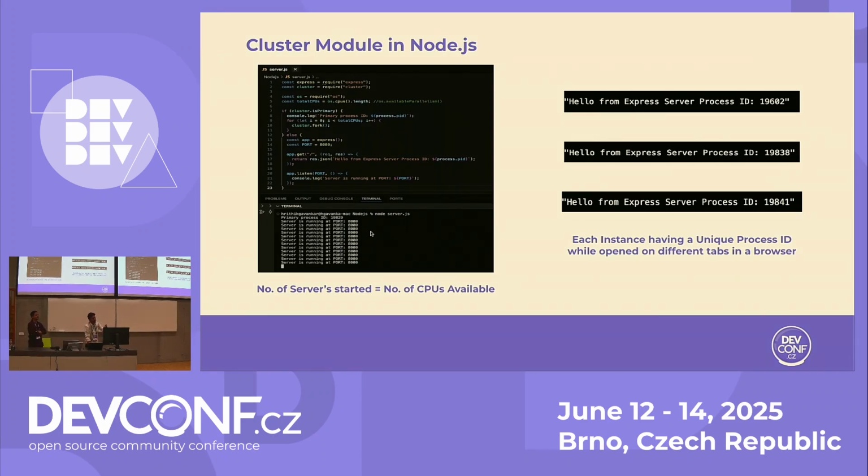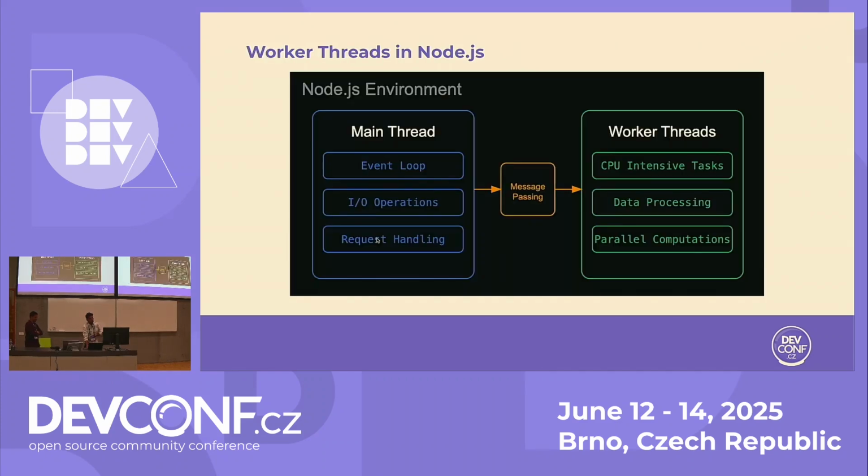If I replicate a Node.js process on my laptop, since it has a 12 core CPU, I could initiate that many servers. Even if the port is the same, if I hit the same server from different tabs on a browser, every time it shows a different PID, a process ID, which shows how it is handling requests across processes. And the last one is worker threads in Node.js.